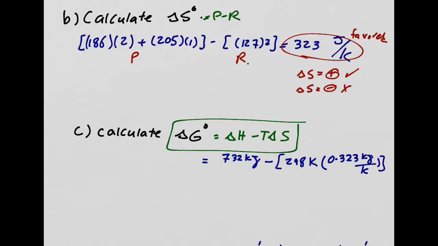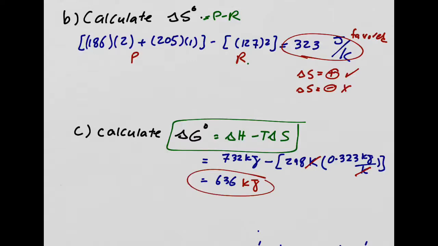And as you can see, the Kelvin would cancel out. What I end up with is kilojoules. Now, if you actually do the math, what you end up with is 636 kilojoules of energy.